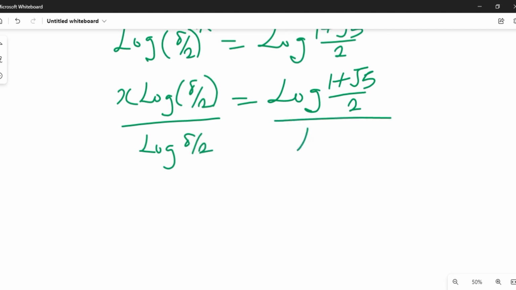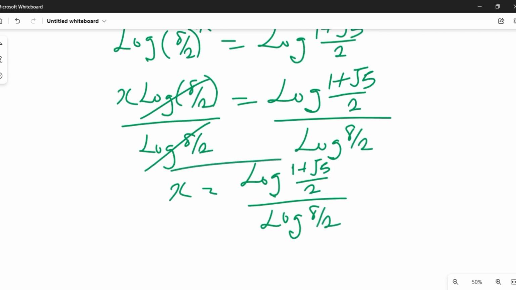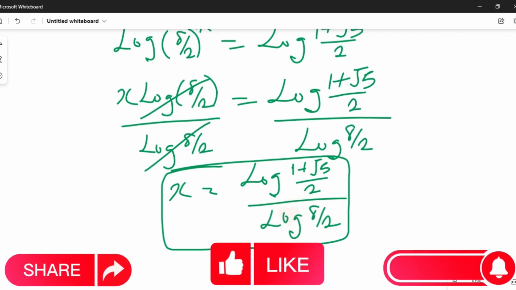Log of (8 over 2) will clear log of (8 over 2), and our value for x will be equal to log of (1 plus square root of 5)/2 all over log of (8 over 2). So the real value for x is log of (1 plus root 5)/2 all over log of (8 over 2).